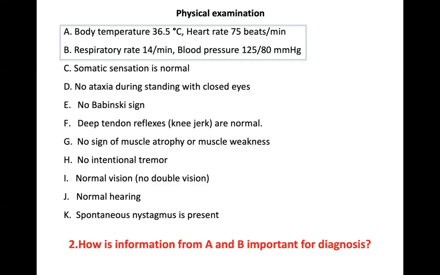It is also a normal respiratory rate and pressure, so it indicates normal circulation in the body. So all this information suggests that this patient's symptoms are likely not related to respiratory and cardiovascular dysfunction. Okay, thank you.